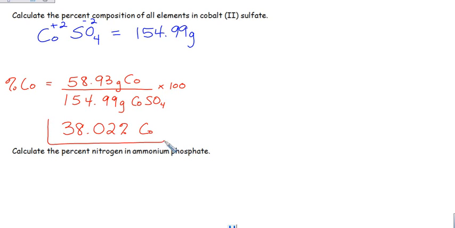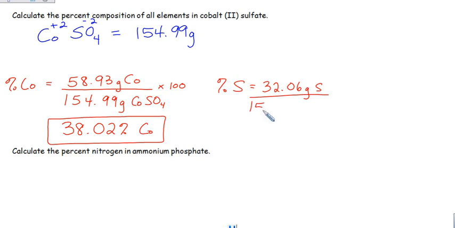Then we have to do it for at least one other element. So I could do percent sulfur. There's only one sulfur. 32.06 grams of sulfur. The compound is the 154.99 cobalt sulfate times 100 to get me a percent.